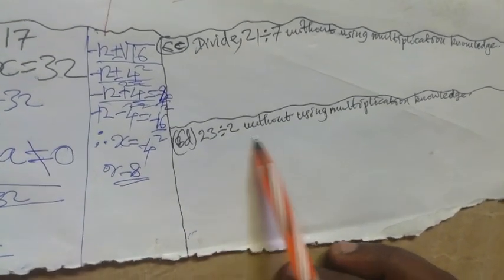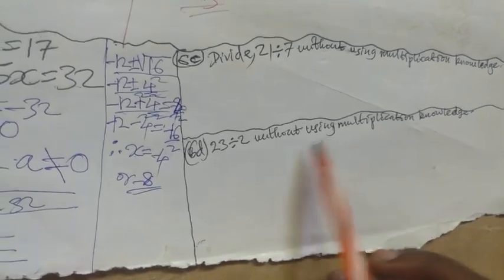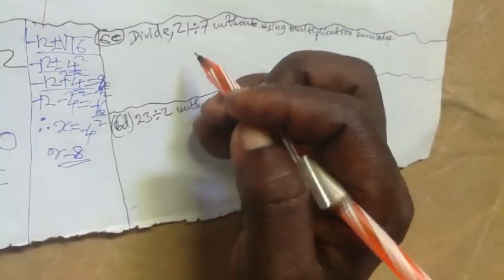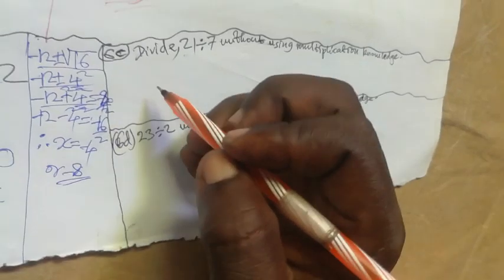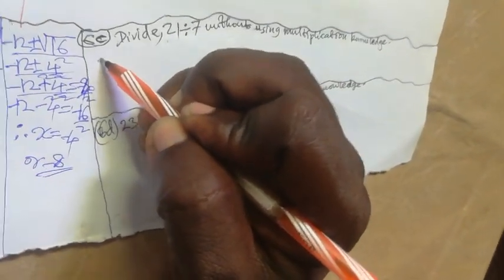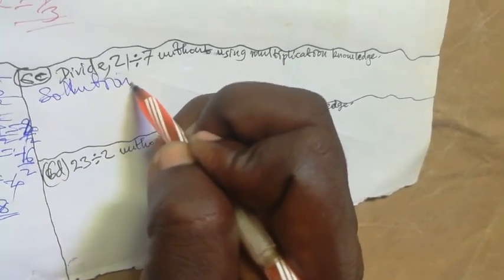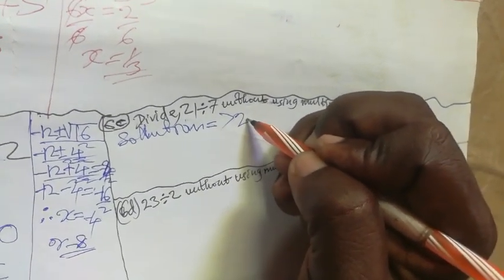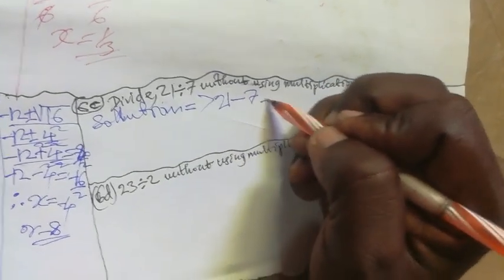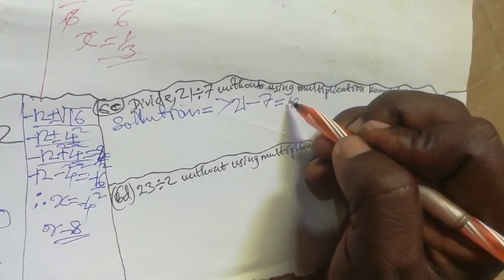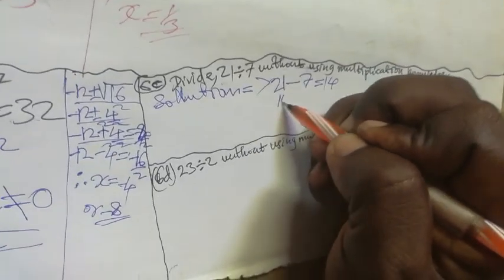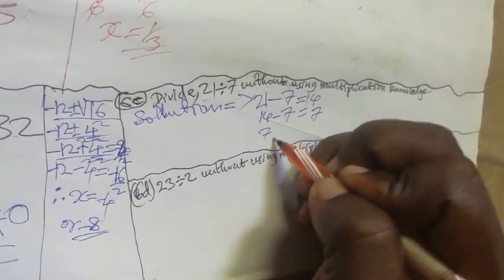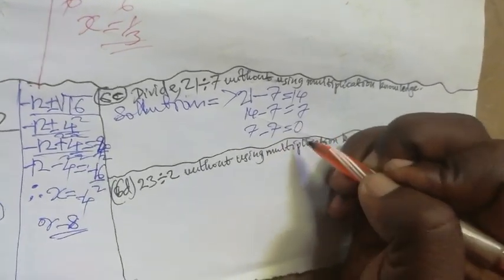Here we say 21 divided by 7 is the same as 21 minus 7, which is 14, then 14 minus 7 is 7, then 7 minus 7 we get 0.